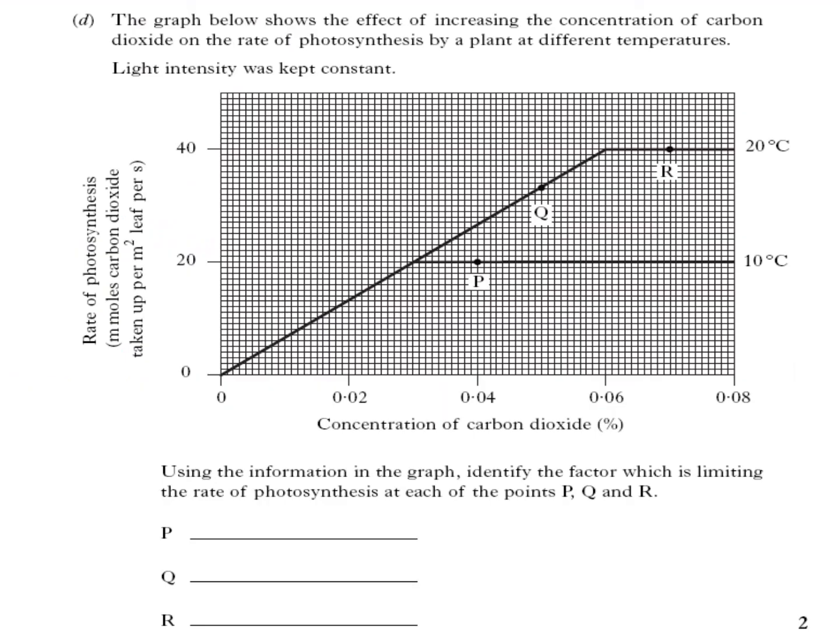So again, another limiting factor graph. What would be limiting photosynthesis at P, Q and R? Remember, when you're on the way up, if you're going up, you look down. If you're on the level, you look up and spot the difference.